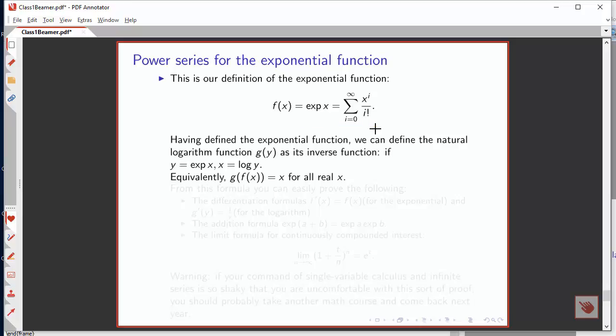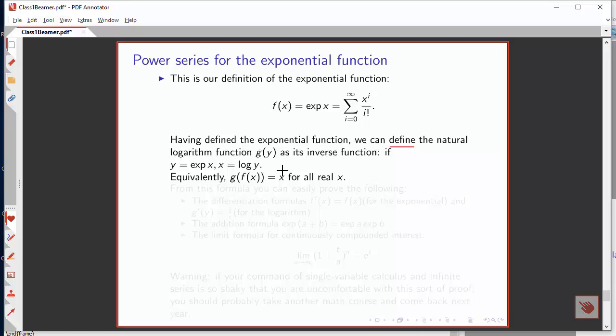Once we've made this definition for the exponential function, we can define the natural logarithm function to be the inverse of the exponential function. That is, if y is equal to the exponential of x, x is given by the inverse function, natural logarithm of y.